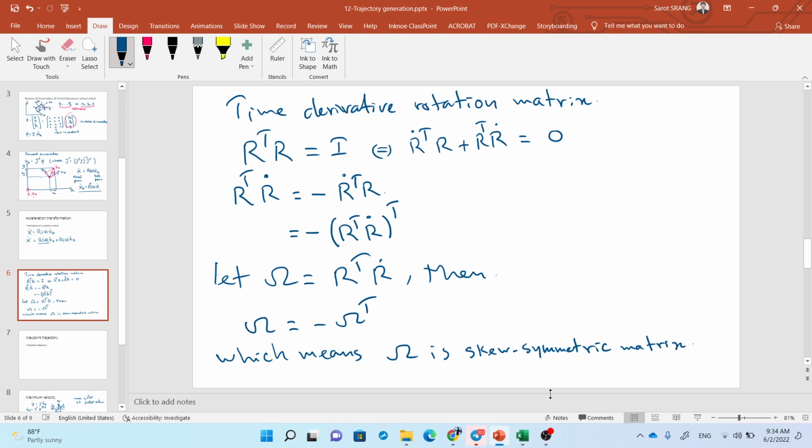Sorry, I think for this one I need to use omega prime, but I will explain later. This one should be omega prime.